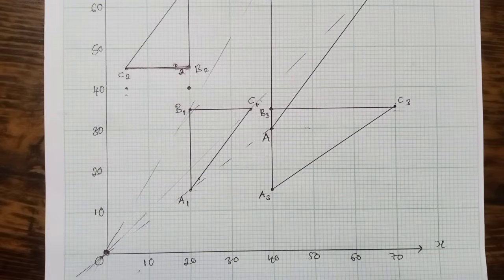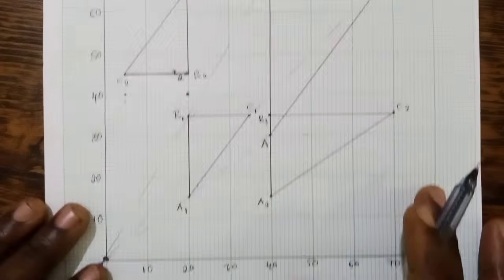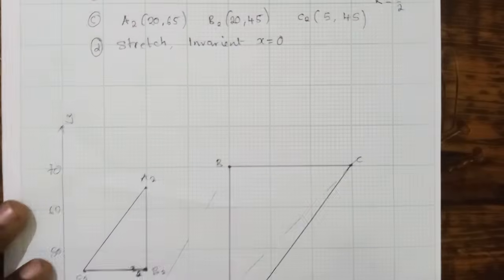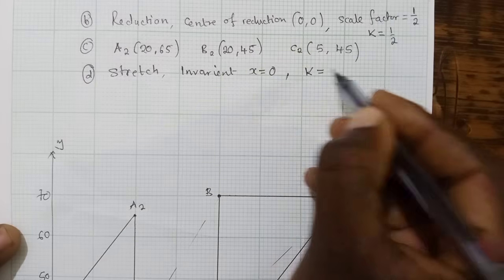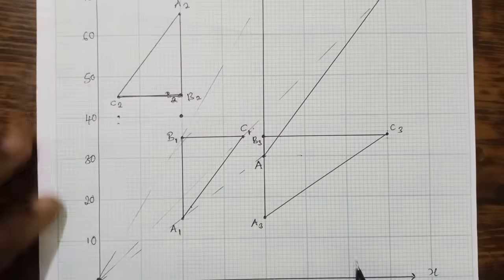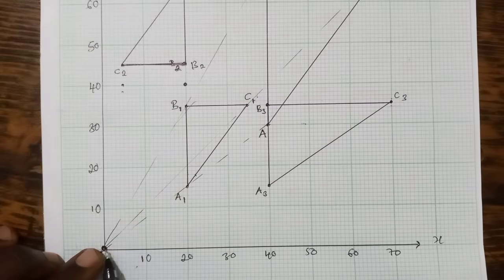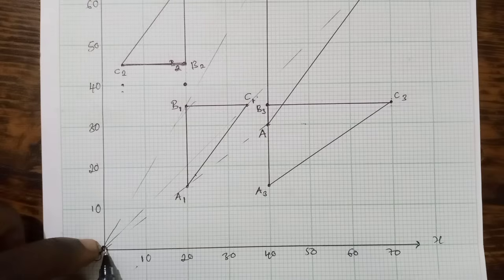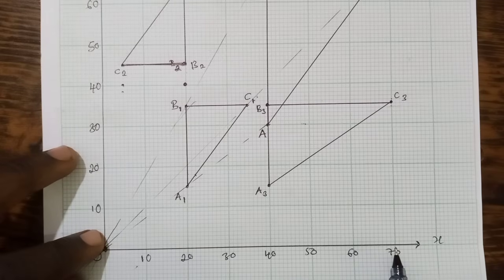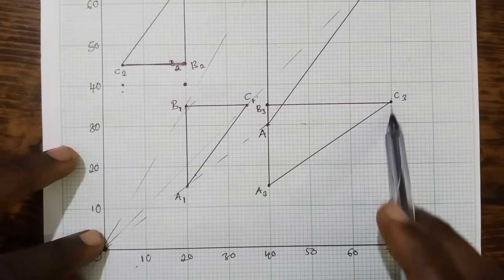So now to find the stretch factor, I can say k is equal to the length from this invariant line, which is x is equal to 0, to C3, which is at 70.